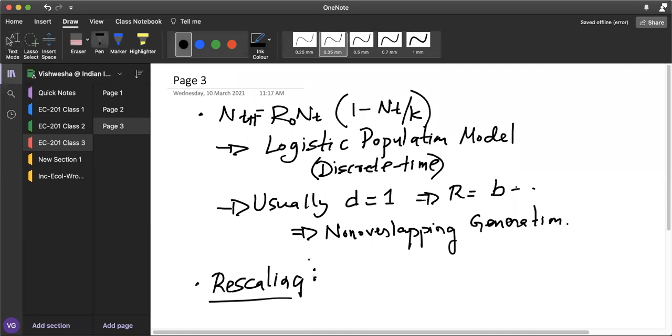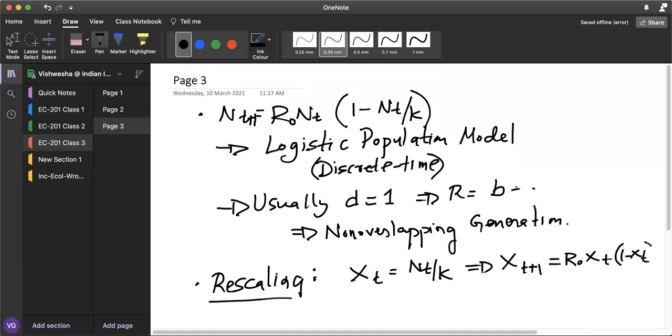Okay, and in this case, if we assume that xt is nt over K, we showed that we can write an equation of this form. So xt can be thought of as a normalized population density whose maximum value is basically 1.